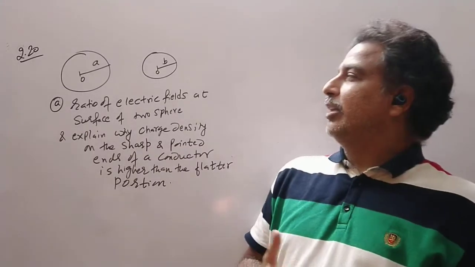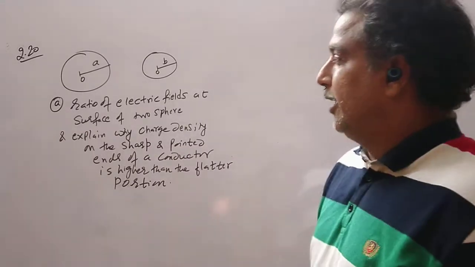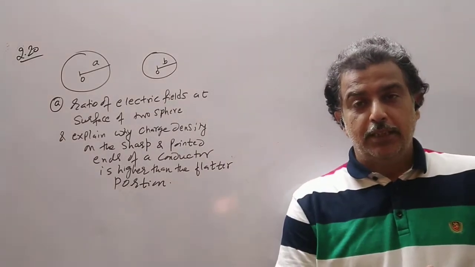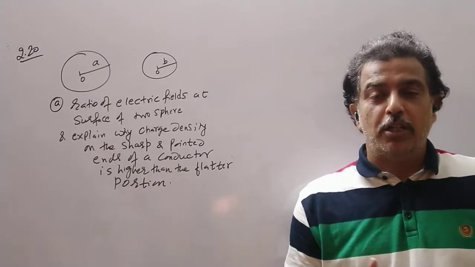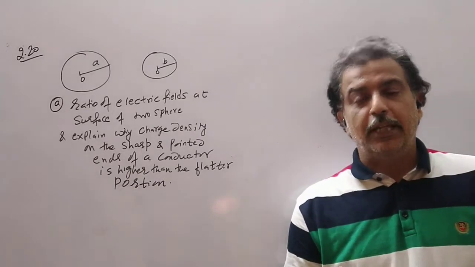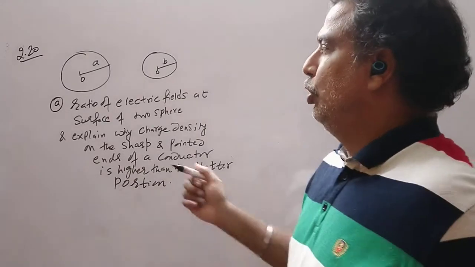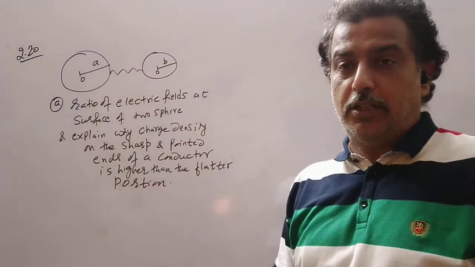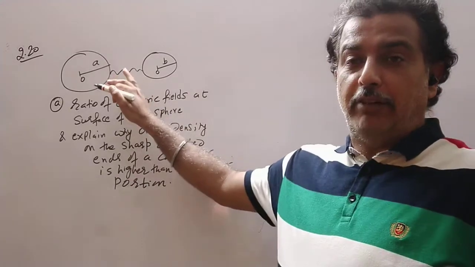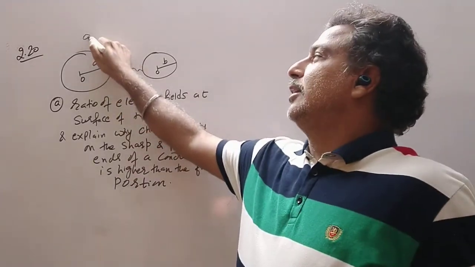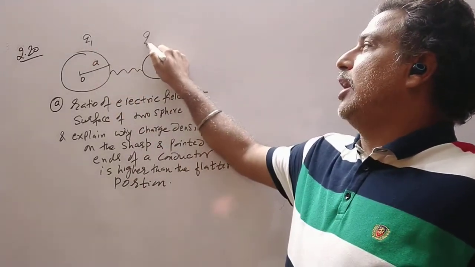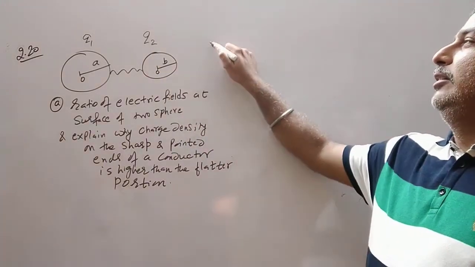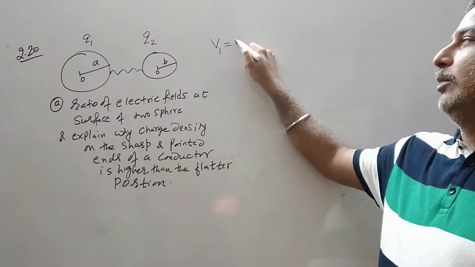We know that if the spheres are connected by a conducting wire, the charge will flow from one sphere to another till their potential becomes the same. That we have done earlier also. So directly we start: if these two charged spheres are connected by a conducting wire, and the charge on this is Q1 and the charge on this is Q2, the charge will flow till the potential becomes the same.